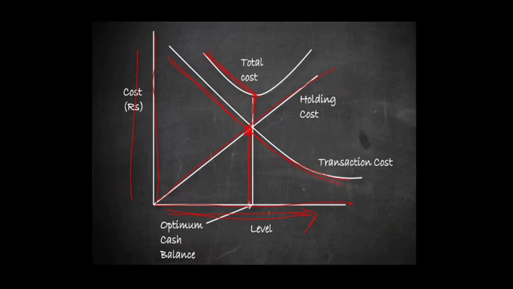From this point it keeps on increasing, so the total cost is minimum at this point. This level is known as the optimum cash balance or optimum cash point.